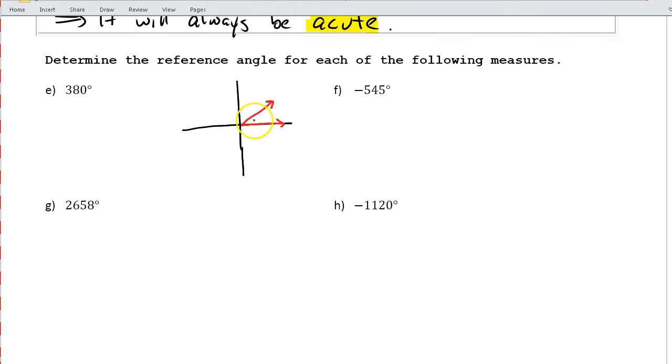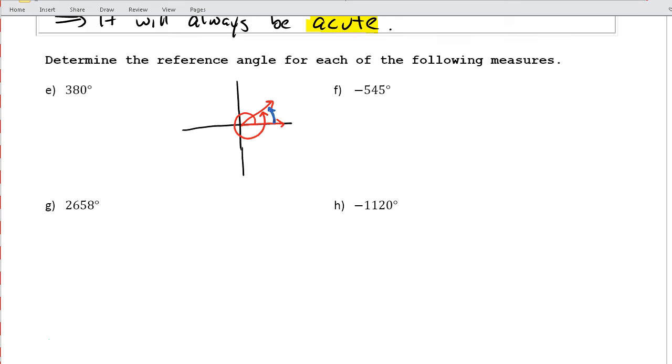When I indicate my direction, I'm going to show with that spiral that I'm going all the way around past 360 and then over to 20 degrees past. So in figuring out how to draw that, we've already talked about my reference angle. I knew that it was 20 degrees past, so this here is going to be my reference angle.